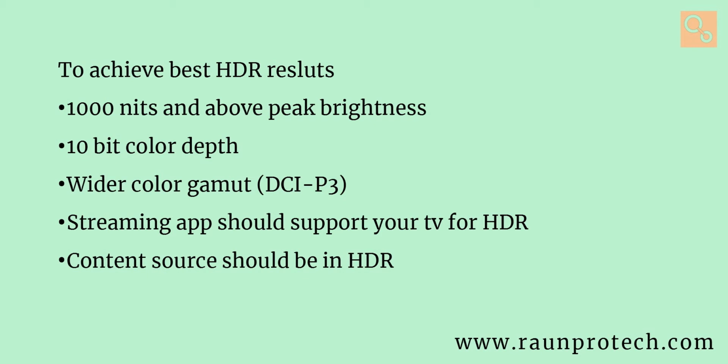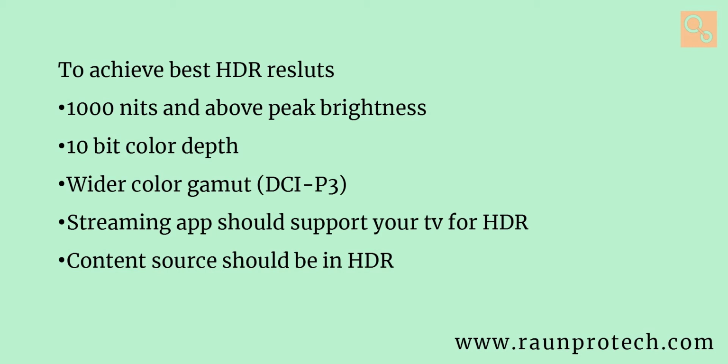Now Netflix may not detect your budget TV as HDR TV just because your brand says so. Make sure with the vendor if your favorite app supports HDR with your TV or not. Fourth is the content should be in HDR. Not all the TV shows on Netflix are in HDR. You will see the HDR or Dolby Vision symbol next to their description if your content supports HDR.